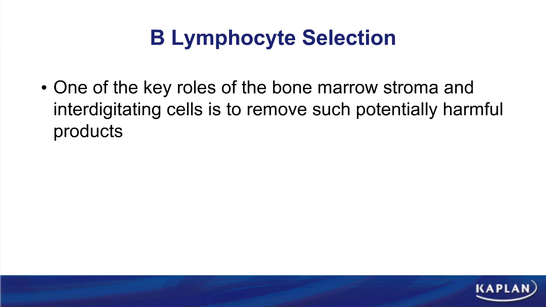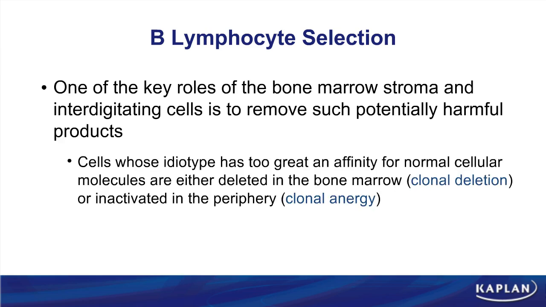Basically, any strong interaction between a B cell and the stroma or the interdigitating cells is going to cause the cell to either undergo apoptosis, or they can potentially undergo what is known as anergy. So essentially you need to think about elimination as being, again, through deletion via apoptosis or through inactivation by anergy.